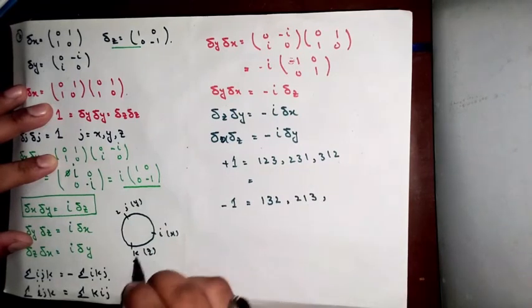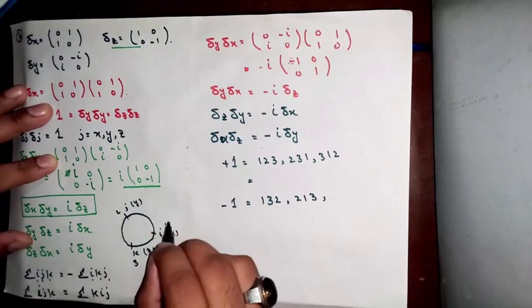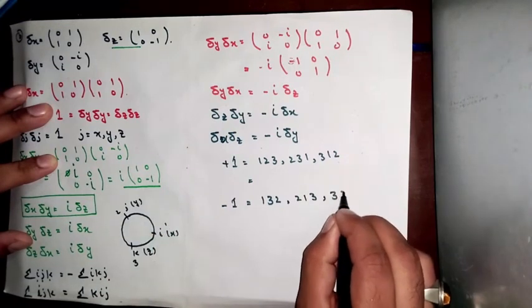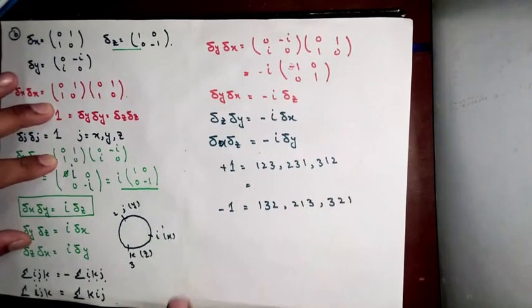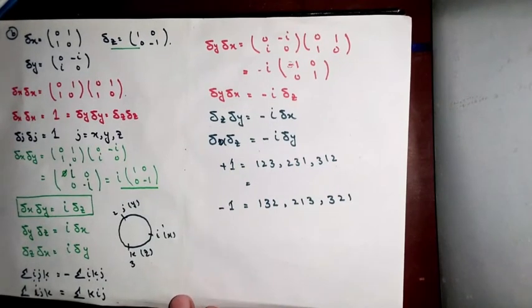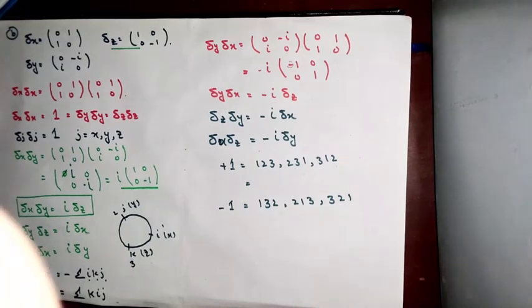So if we change the places, the cyclic order is reversed and we get a negative sign only, and the total result is still the same.